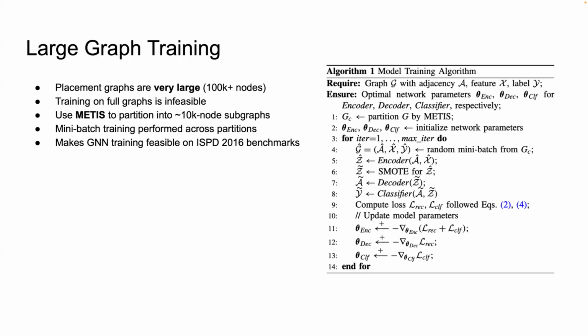Then using a sampled mini-batch, they generate the graph, and using the adjacency matrix and the features, they get the encodings and use SMOTE to get the balanced data set. Then they use the inner product to decode the adjacency matrix again, use the classifier on it, augment the adjacency matrix and the embeddings, and get the predictions. Using the argmax again, they get the labels, and then just get the updated weights using the gradient. So it's a simple gradient method here.